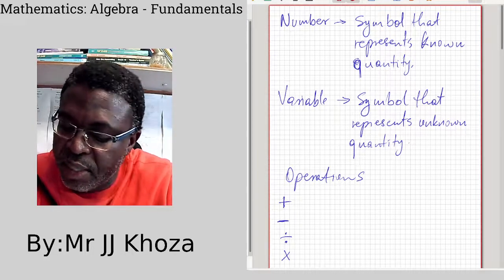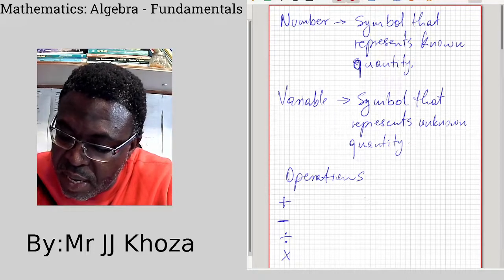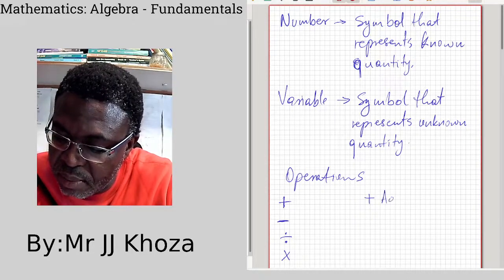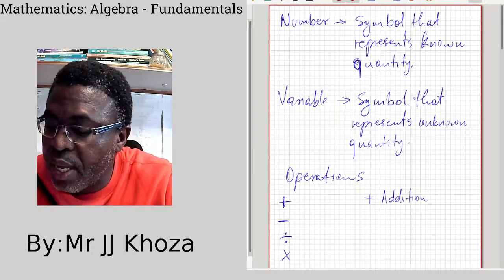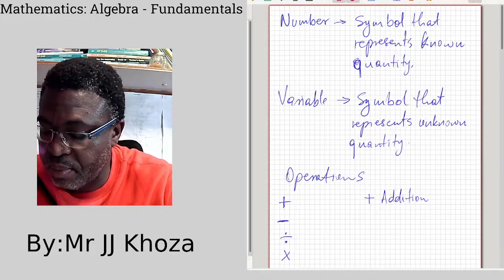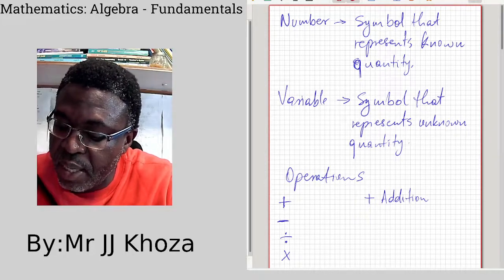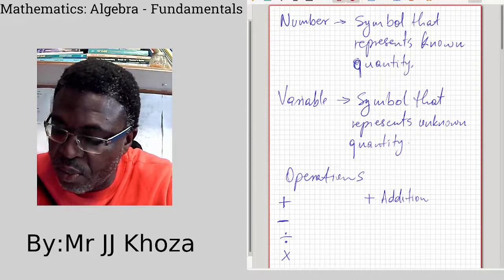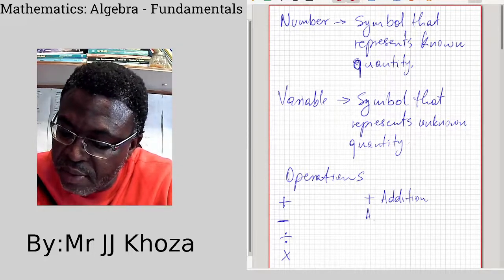In fact, we have addition and the additive inverse, which is subtraction. The inverse of addition, we call the additive inverse.